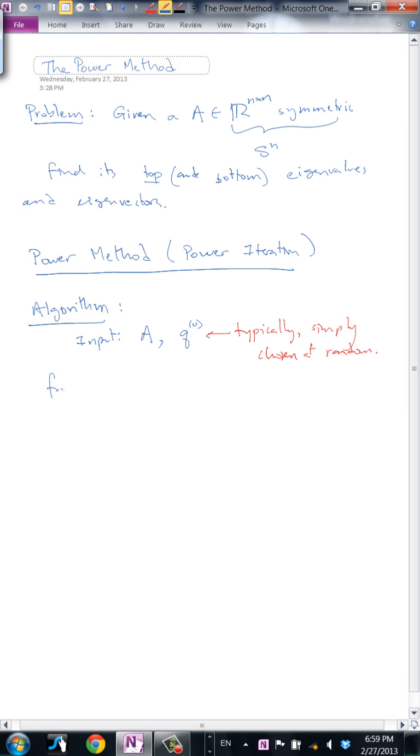Then, for k equals 1, 2, after all, it's an iterative algorithm, we simply do the following. Z of k is equal to A times Q of k minus 1, and then Q of k is just the normalization of that.